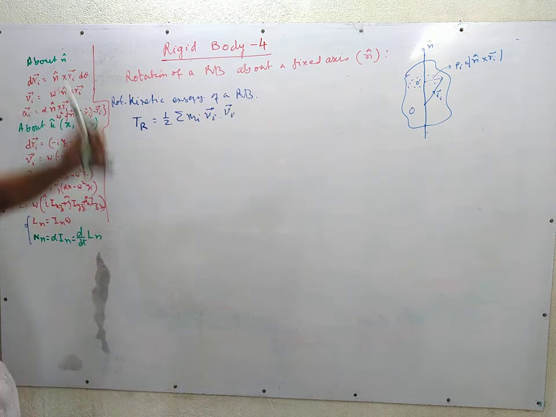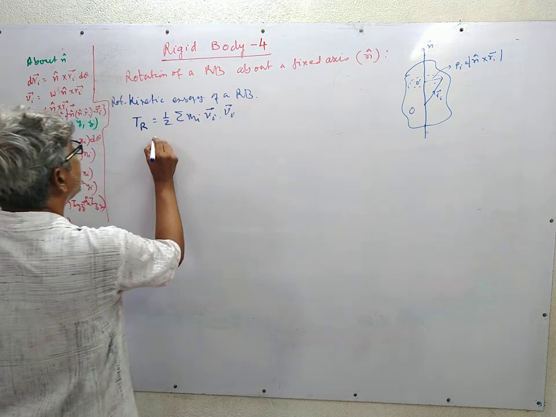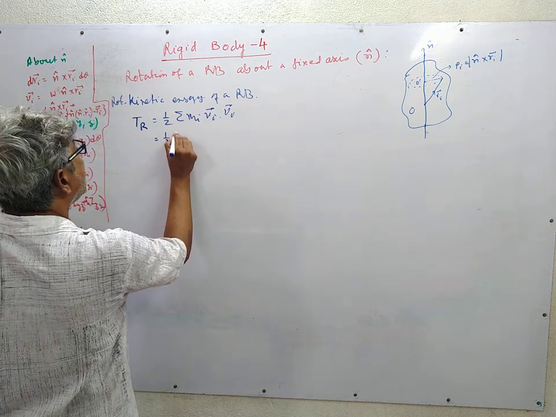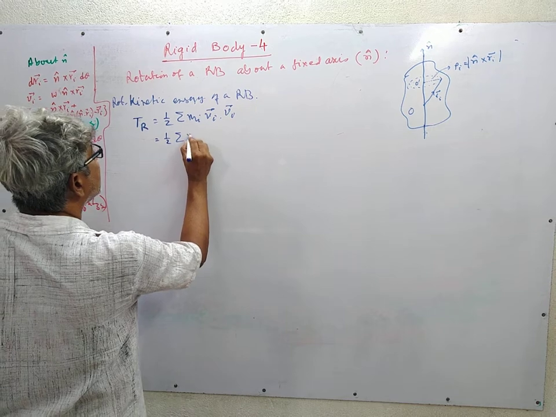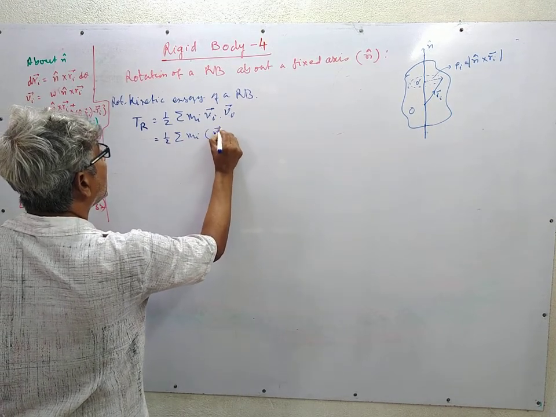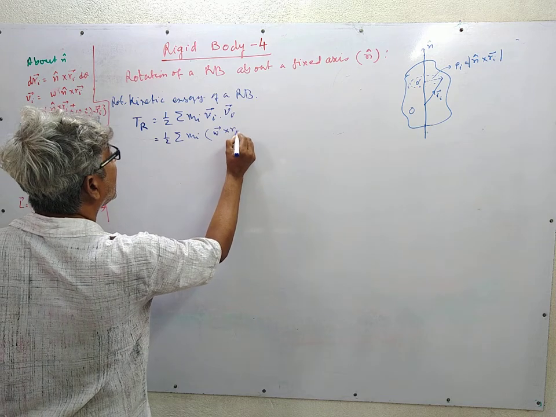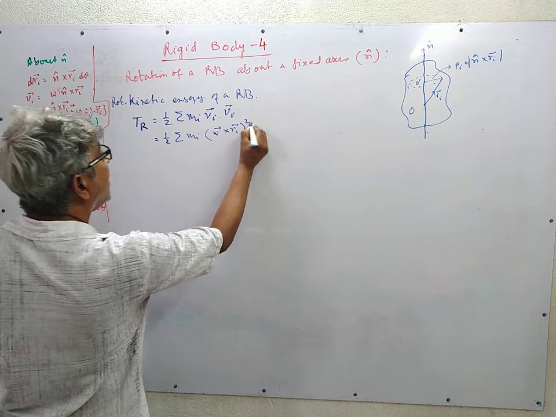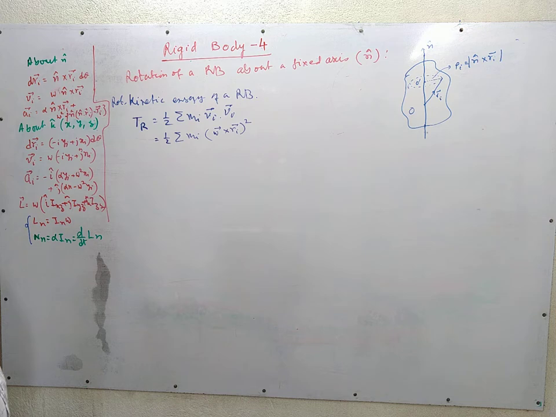which if we write it like this, R_i square.